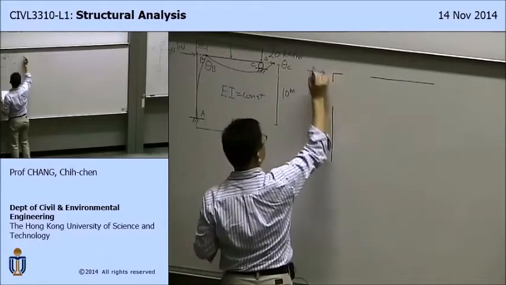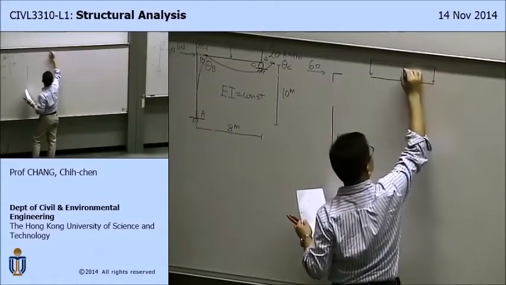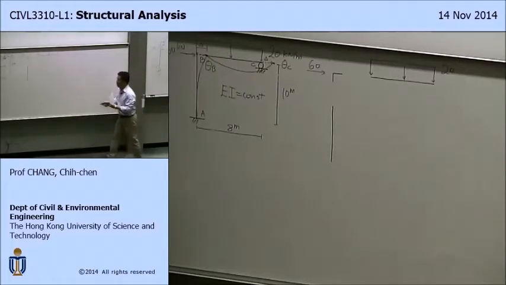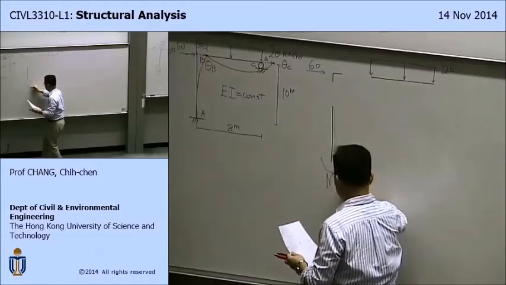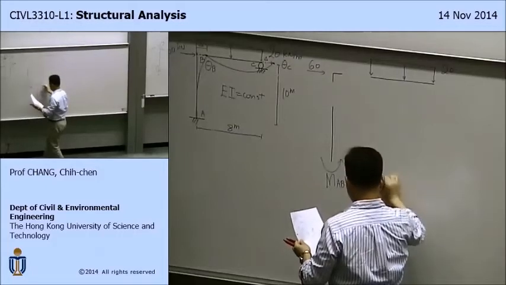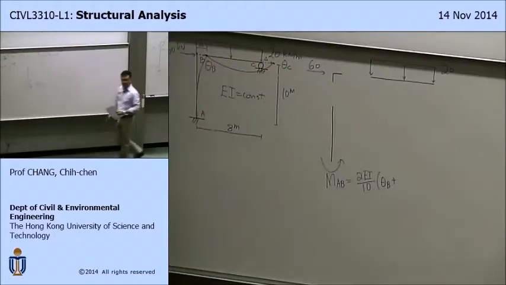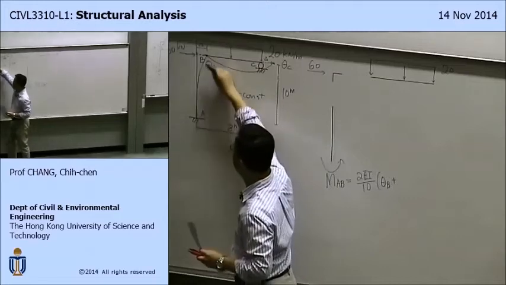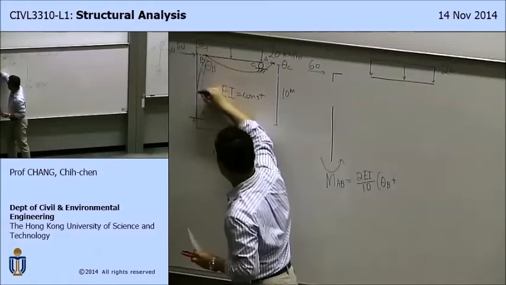So here's a loading, 60. Here's a loading, distributed load. The moment, this is MAB. MAB is 2EI over L theta B. There's a rigid body rotation. Rigid body rotation is connecting the ends of the deformed shape, and then measuring this angle.